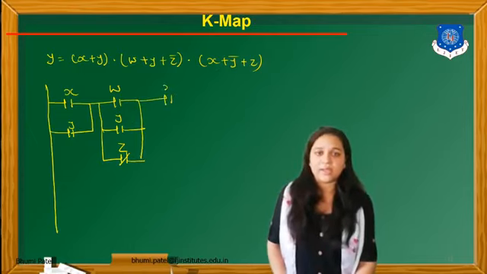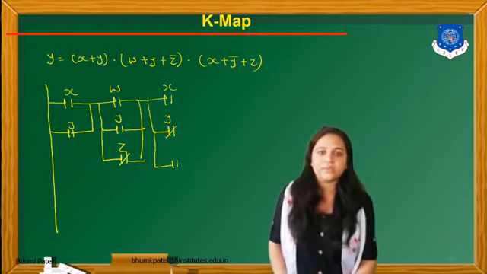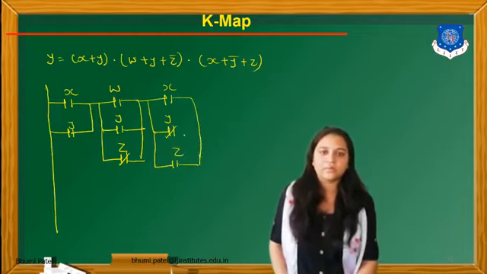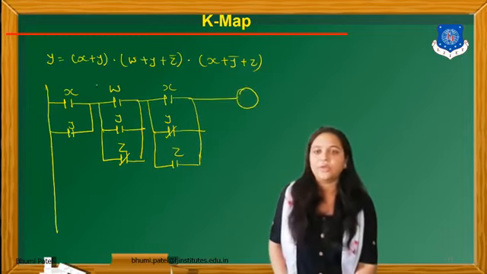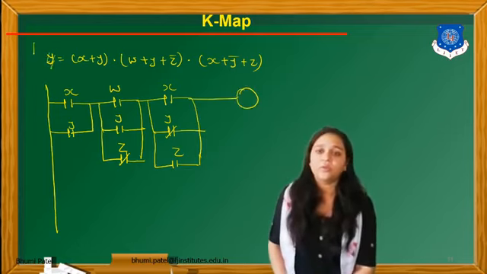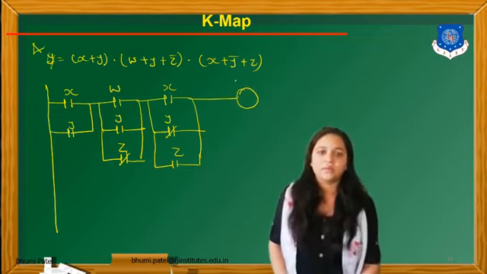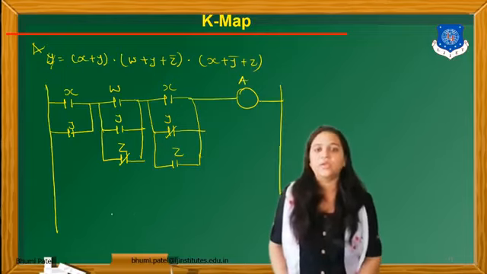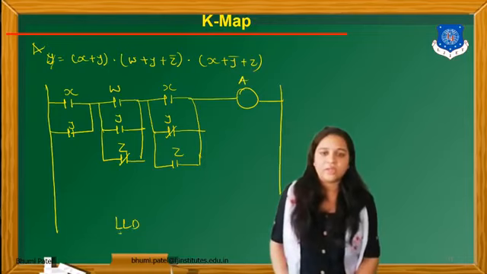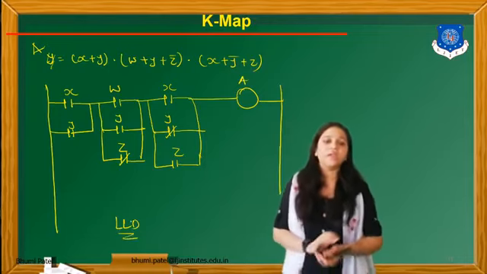So this is my x, this is my y complement, and this is my z as a normally open contact. Here, and y is my output. You can take here y as the input and output, so you can take here the name of the output as A. So A is my output signal. Okay, so this is the ladder logic diagram for this particular K-map.